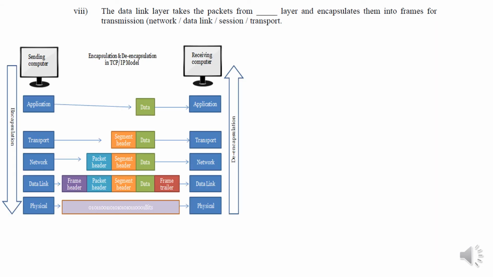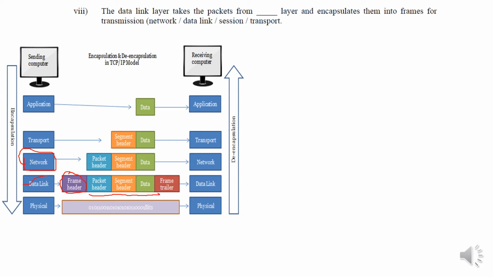Let's see the OSI layers. This is the OSI model, and here we see that this is the data link layer. Above the data link layer there is the network layer. So the data packet from the network layer comes to the data link layer, then the data link layer adds a frame header, and the rest comes from the upper portion, that is the network layer.